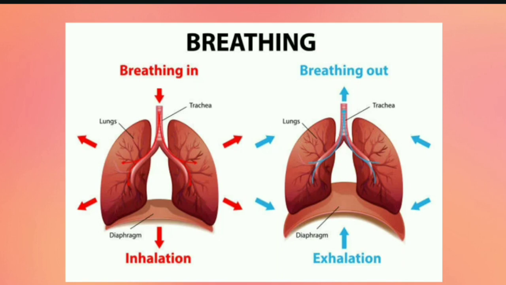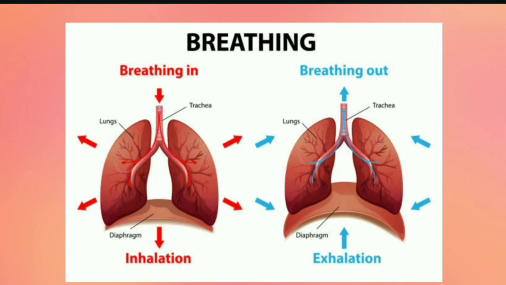Our chest rises and falls when we breathe. This happens because of the action of the intercostal muscles that are located between the ribs and of the diaphragm. The diaphragm is a sheet of muscle below the rib cage.